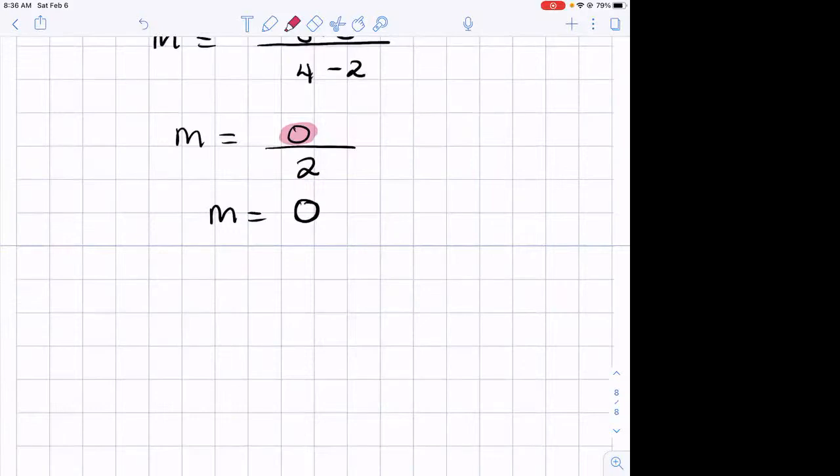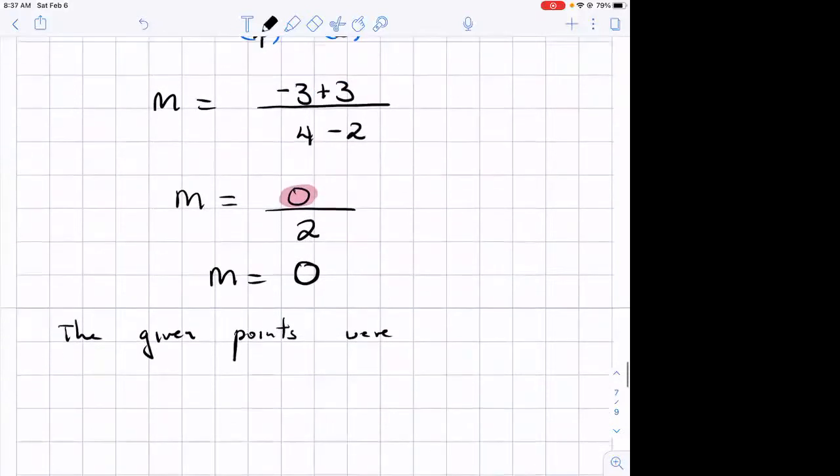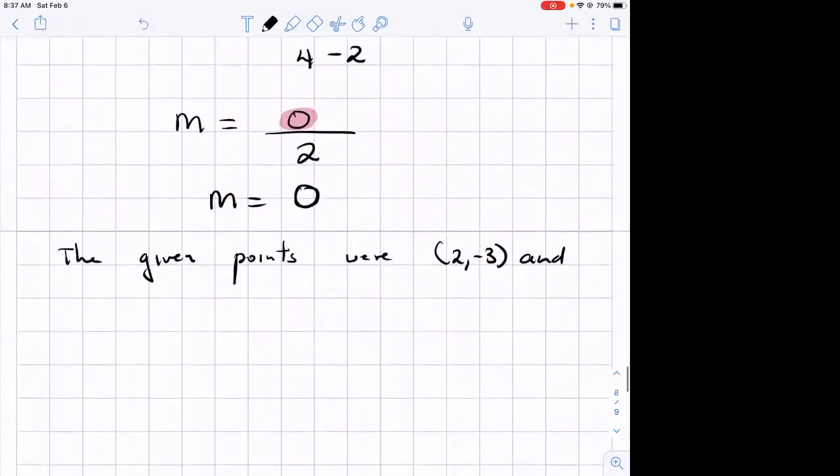Now, if you plot these points, if we look at this graphically, okay, the given points were 2, -3 and 4, -3.